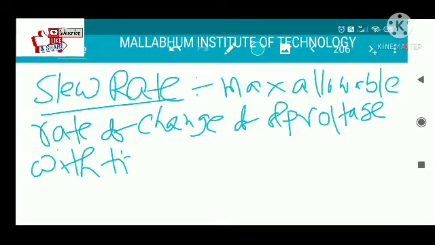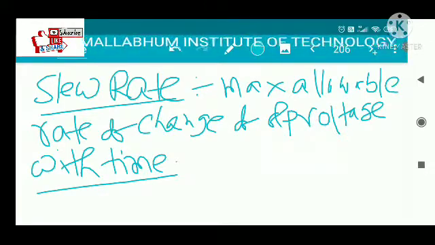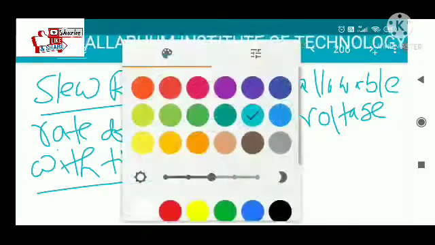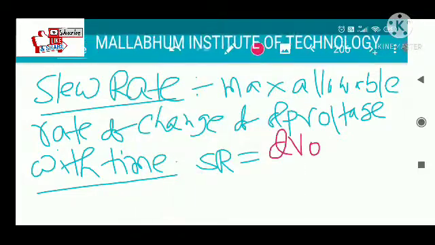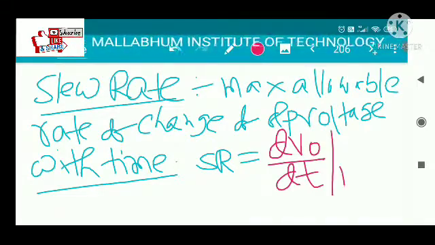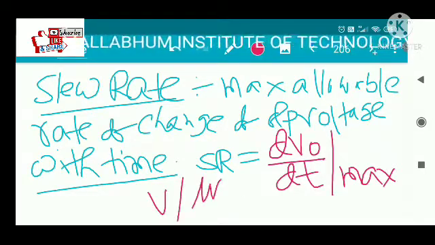So this is the totally theoretical definition. Slew rate, as the definition says, is dV0 by dt max, and its unit is volt per microsecond.